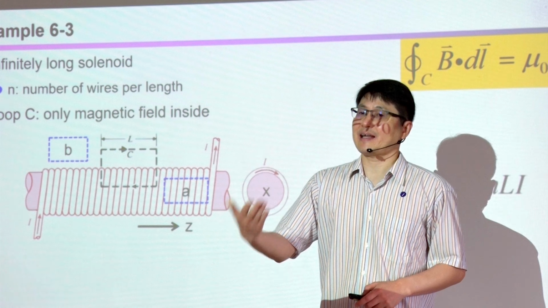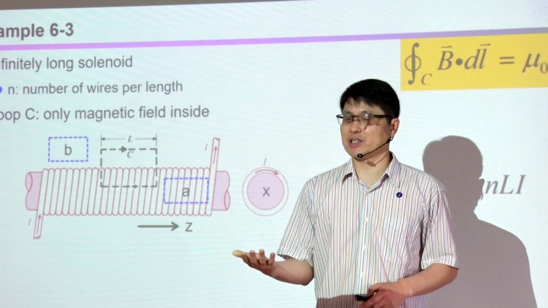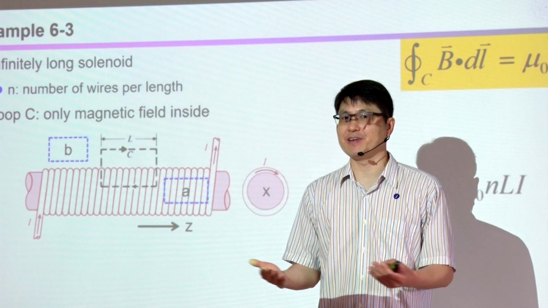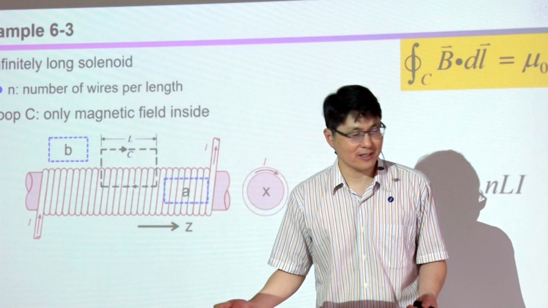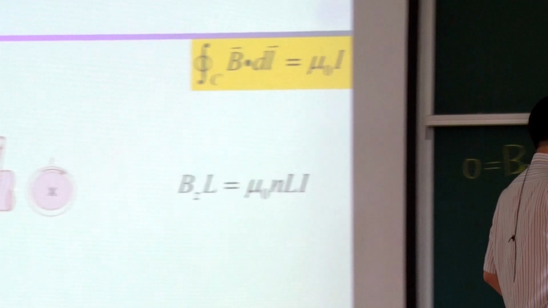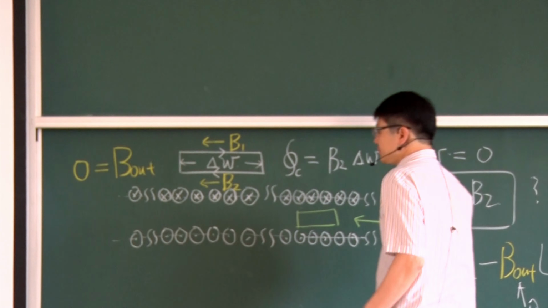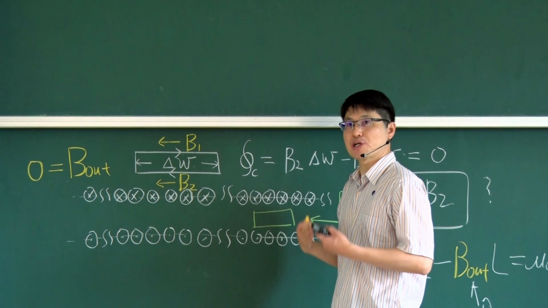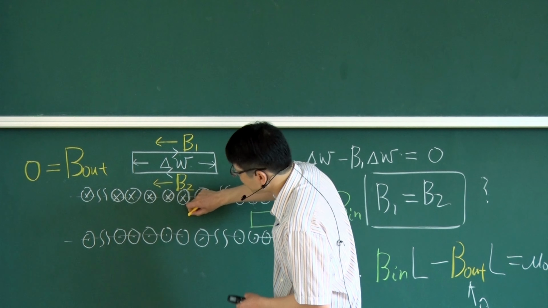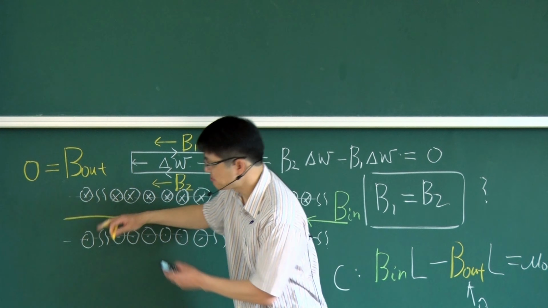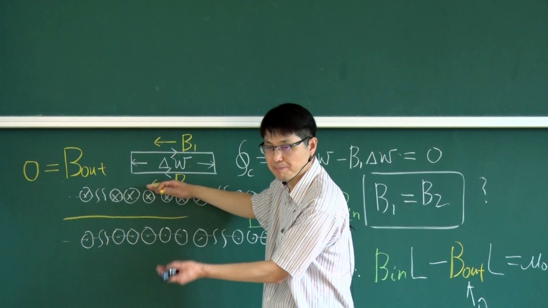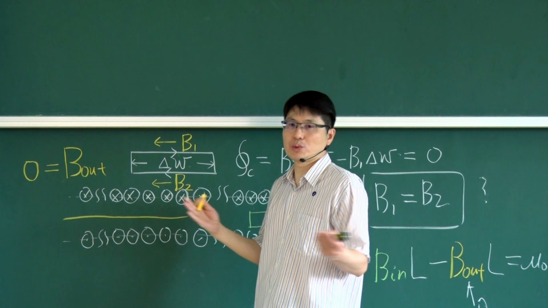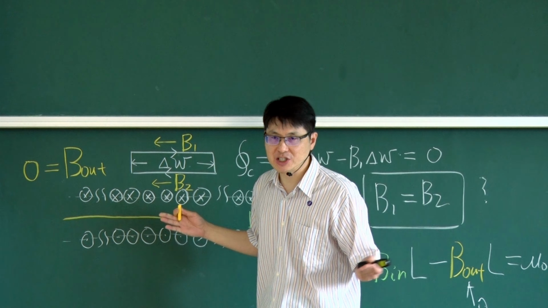And it's a real test of your understanding of how the B field looks. Okay? As I stated, the B fields form closed loops. So somehow inside the solenoid, the magnitude is a constant, which is fine. I have no objection to that.